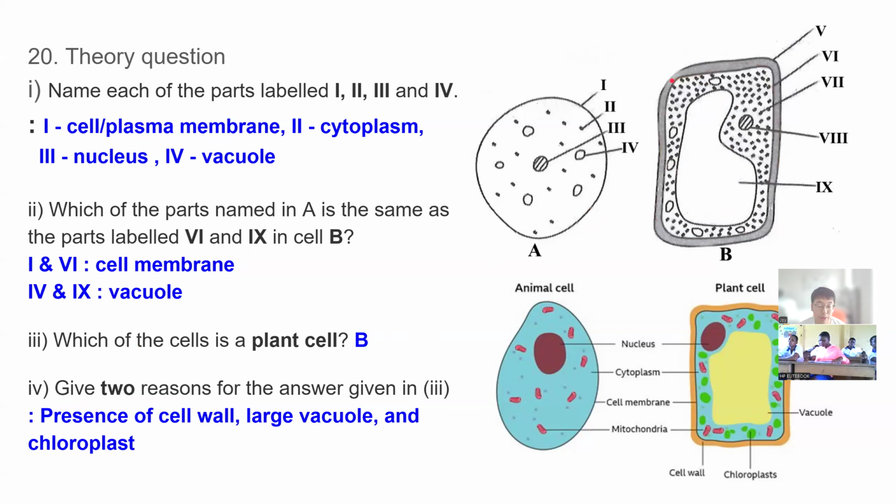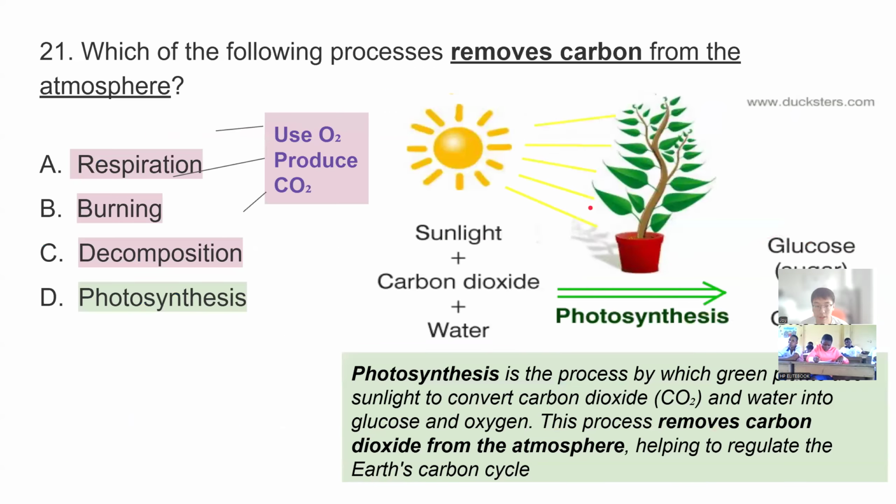That's why it's a plant cell. There's a large vacuole, which is only present in plant cells. And you can also maybe say that it has a chloroplast. So this question just asked about differences between animal cells and plant cells.